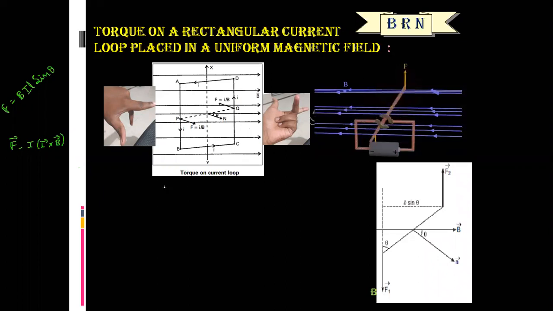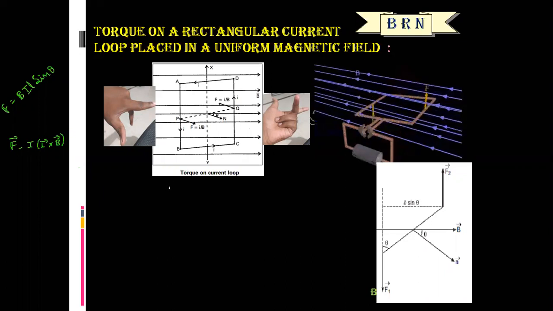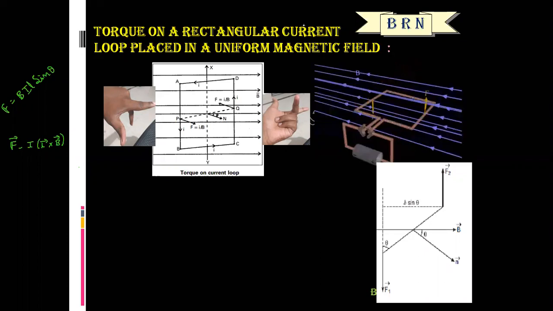Now we have to calculate what amount of torque is acting on a current carrying rectangular loop that is placed in the presence of uniform magnetic field.